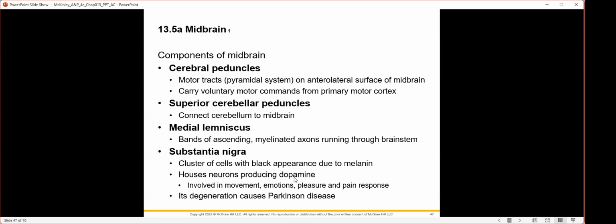Dopamine is a modulator, a neurotransmitter that is going to control some aspects of movement, and oftentimes we see damage to the substantia nigra in Parkinson's disease, meaning that those cells are not producing dopamine, causing irregular movements in someone who suffers from Parkinsonism.